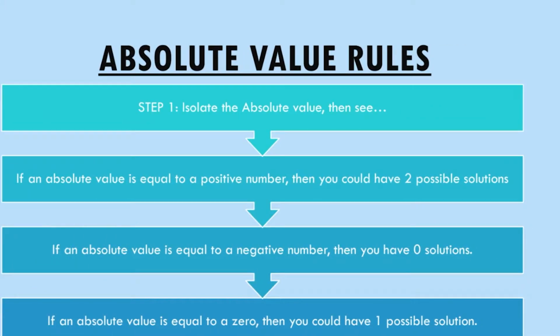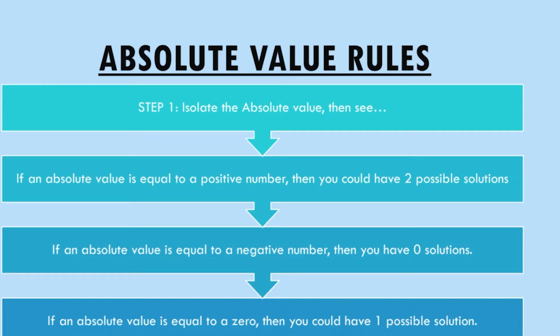Now, there's a couple rules that we need to understand before we actually solve for absolute values. You're going to realize that in this section, it's going to get a little bit more complicated than what we're used to. So you have to remember that the first step is always isolate the absolute value. That's step 1. Step 2 is ask yourself, what is the absolute value equal to? Once you get it by itself, is it equal to a positive number?